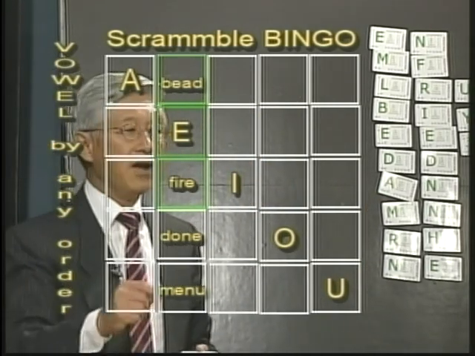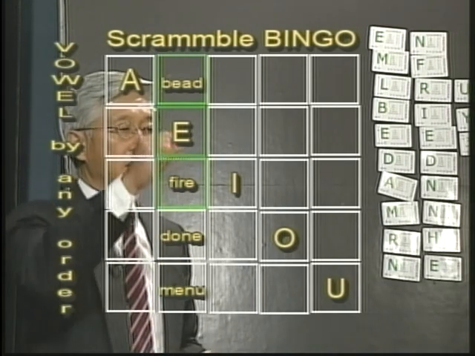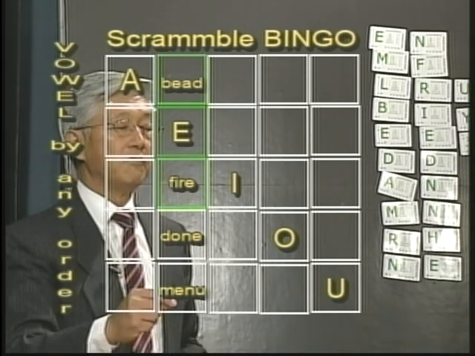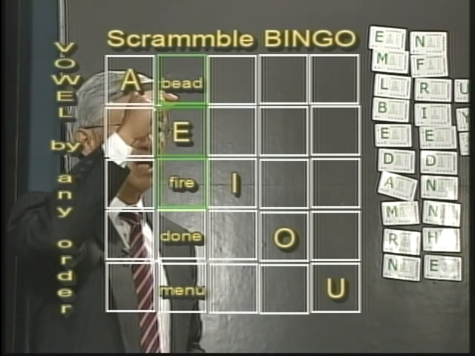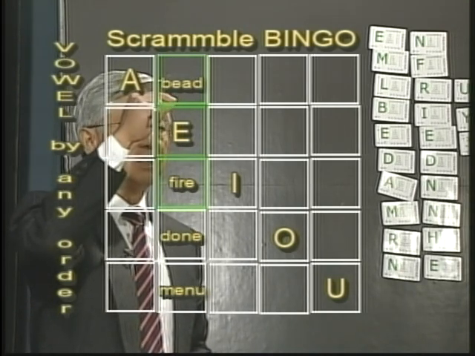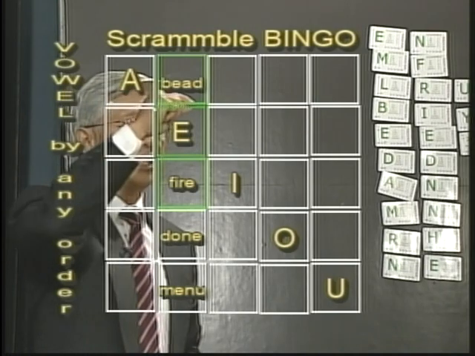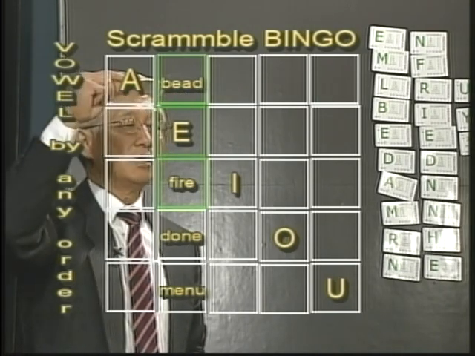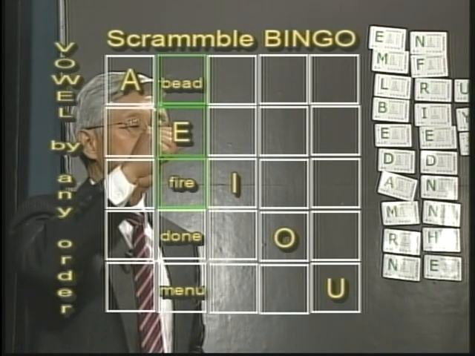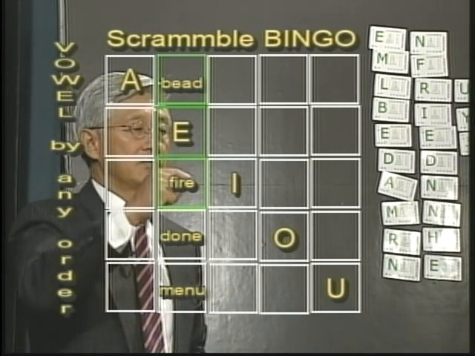Does that satisfy our rule as a 5-word vertical column? First one is bead, B-E-A-D. Horizontally, it has satisfied the A rule because you have placed the A at the corner. Second one, B-E, satisfies that.